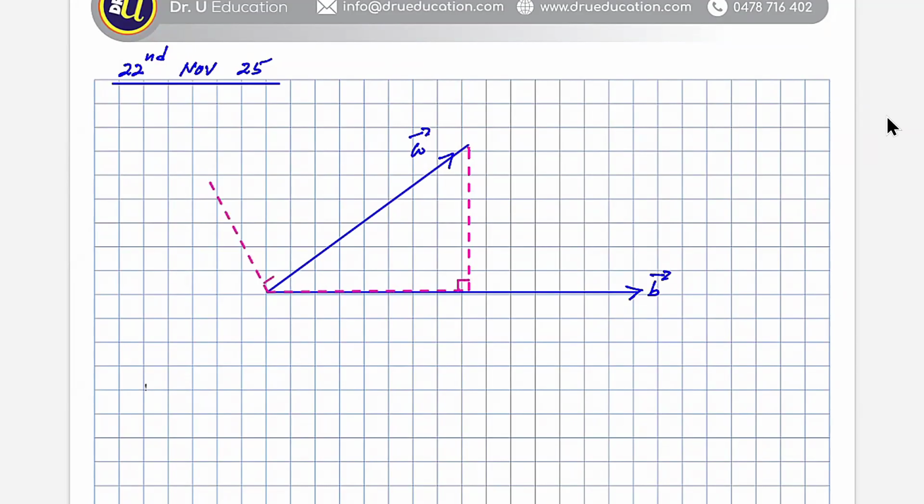Now, this guy is perpendicular to both of those vectors. That means that it is in the third dimension.